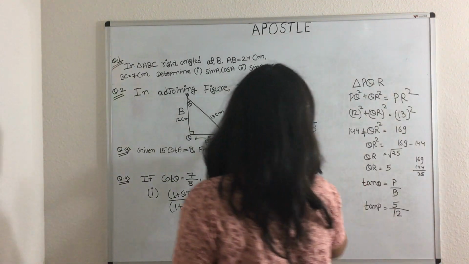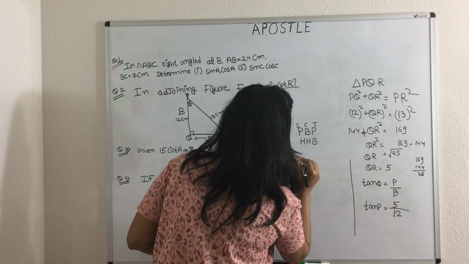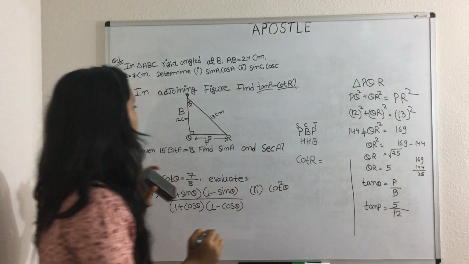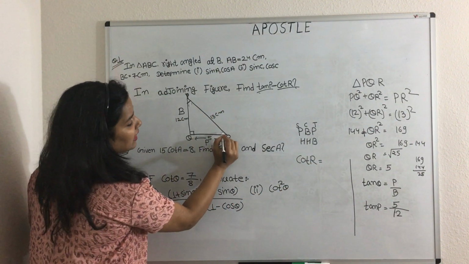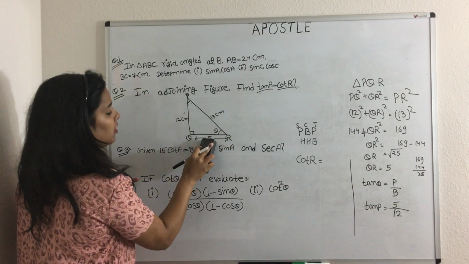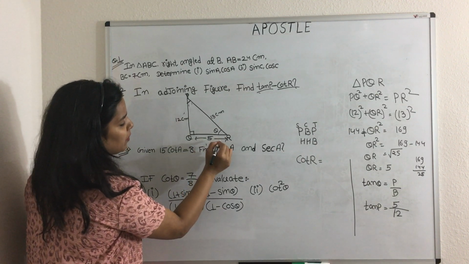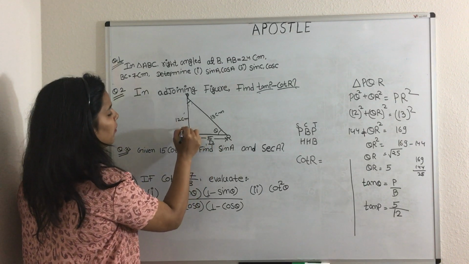Now we have to calculate the value of cot R. So how can we find out the value of cot R? This is really very important. Our angle is going to be changed again. If our angle is at this place, then the value of cot R is changed. If our angle is at the place of theta, then our base is this QR and perpendicular is this PQ.